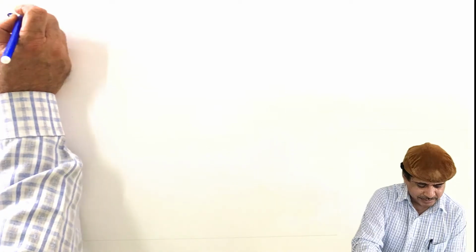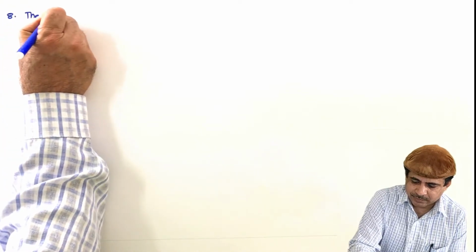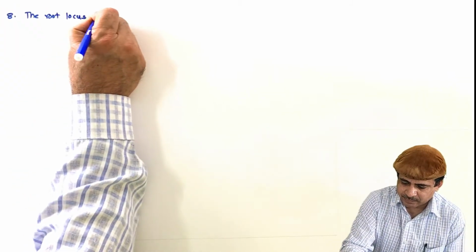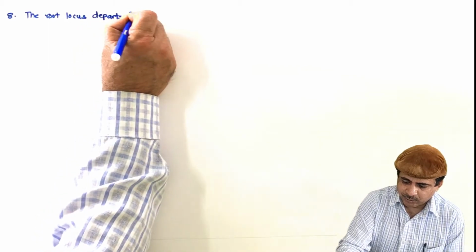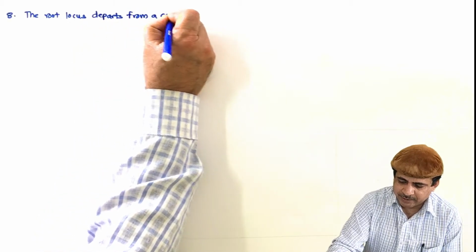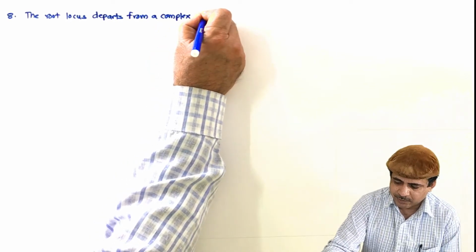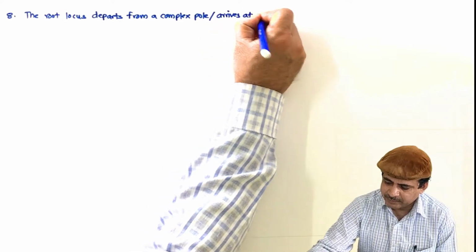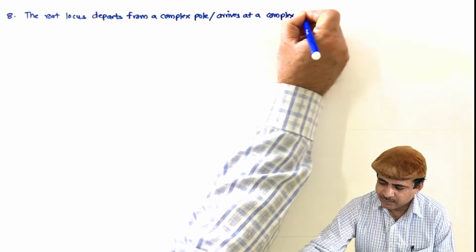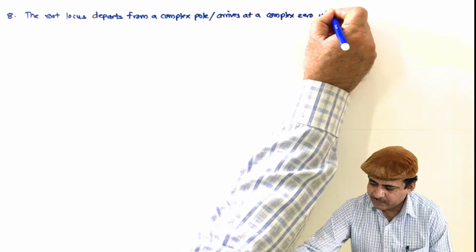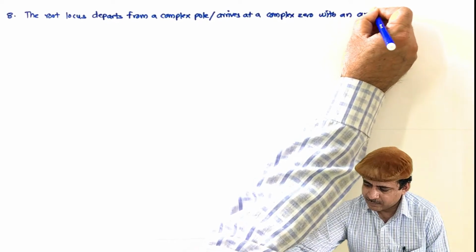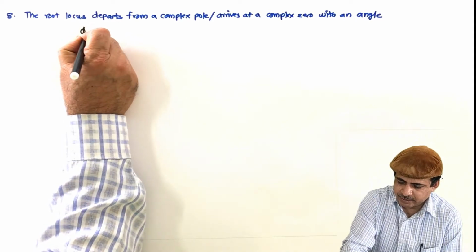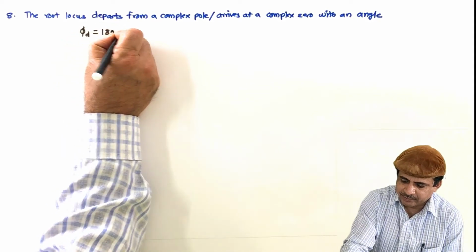That property says that the root locus departs from a complex pole, or in the same way arrives at a complex zero, with an angle theta d equal to 180 minus phi.